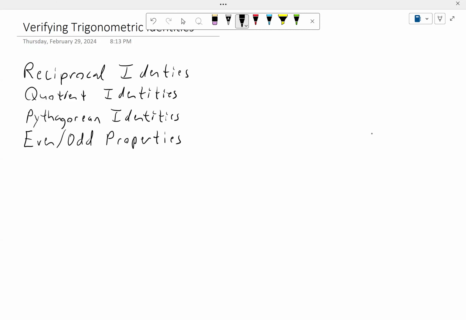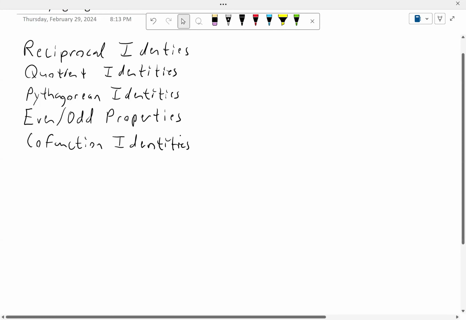This would be like sine of negative theta is the same thing as negative sine of theta, but cosine of negative theta is the same thing as cosine of theta, right? We have cofunction identities. Okay, so we have a bunch of identities that we went over in various sections.